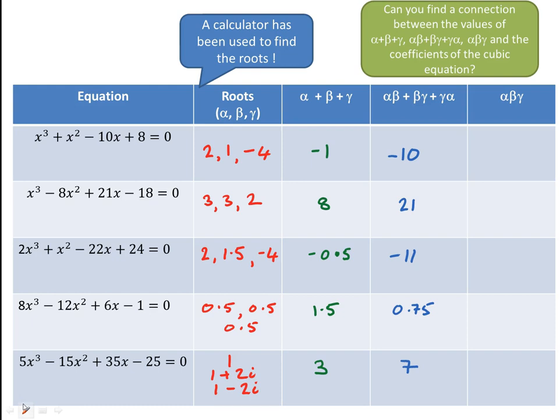And finally, see whether you can find a relationship between the value of alpha beta gamma and the coefficients inside the original equations. Just pause the video while you do that, see whether you can find that relationship, and then once you've done that, continue watching the video.